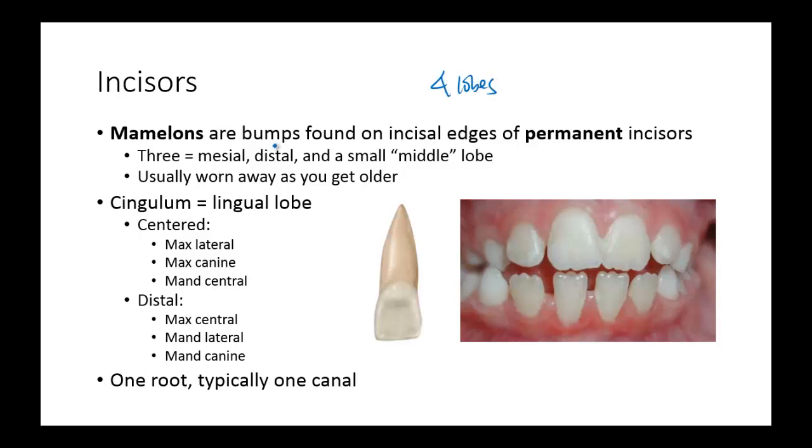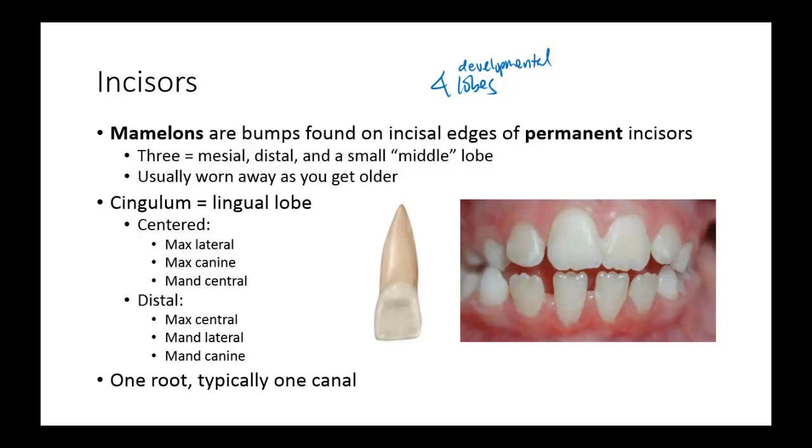And so mamelons are bumps found on the incisal edge of permanent incisors. There's these guys right here. And so you're going to have 3 mamelons, and those represent 3 of the 4 developmental lobes. So you're going to have a mesial, a distal, and then a middle lobe right here.